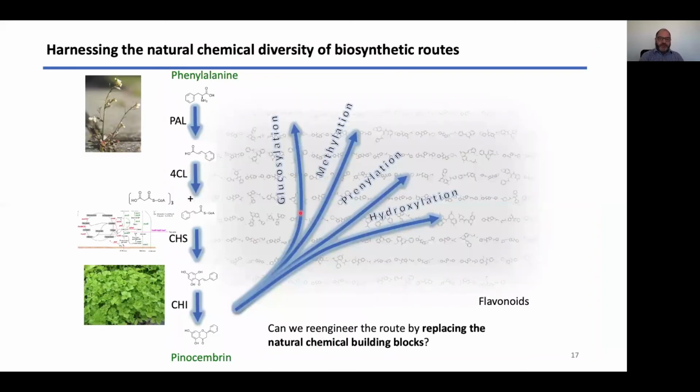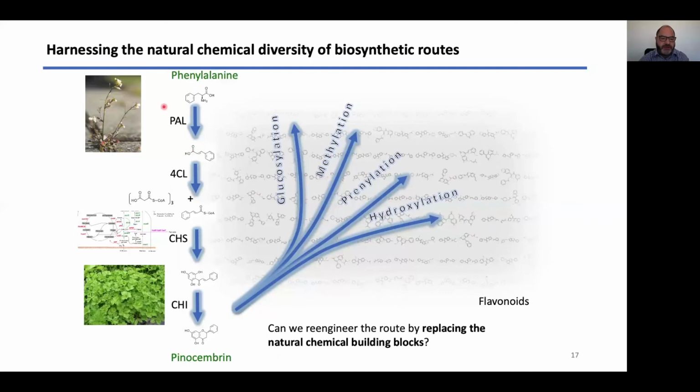So we want mostly to do this in order to expand the chemical diversity that we can obtain through biosynthetic routes. And this is something that you can see in nature. We want to start from there, but then to diversify more and more the molecules that you can obtain.